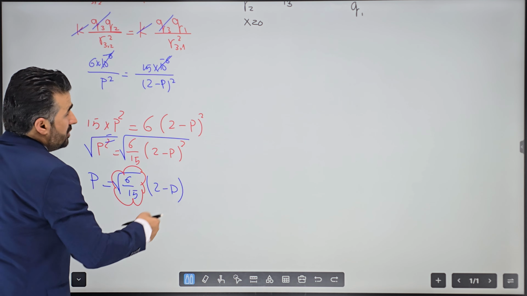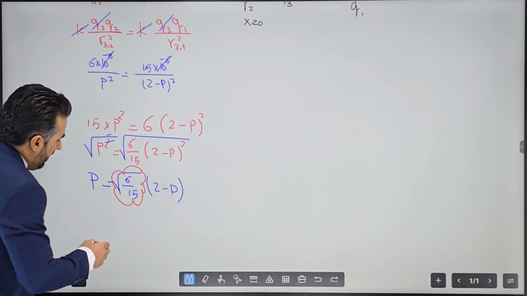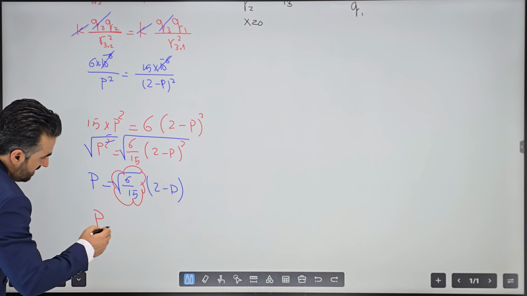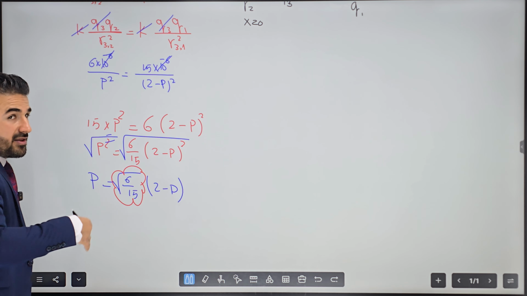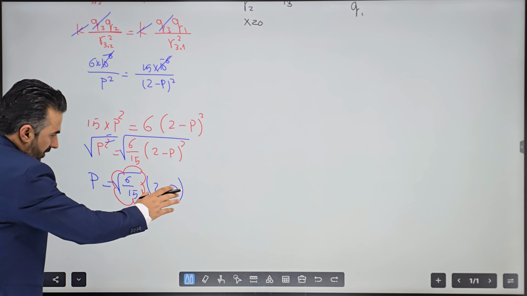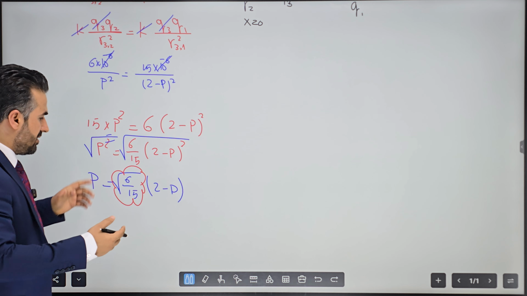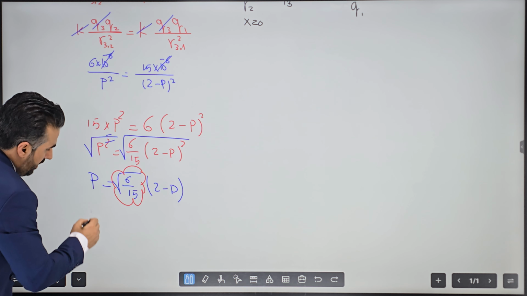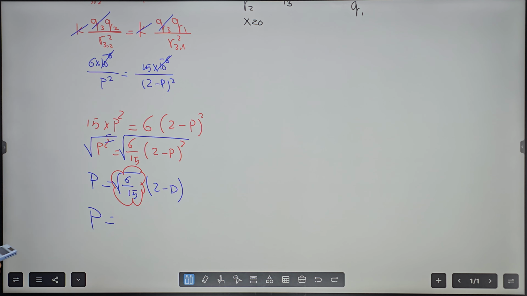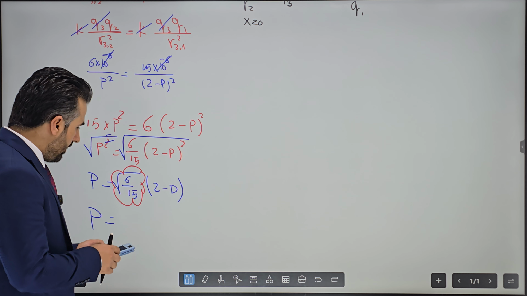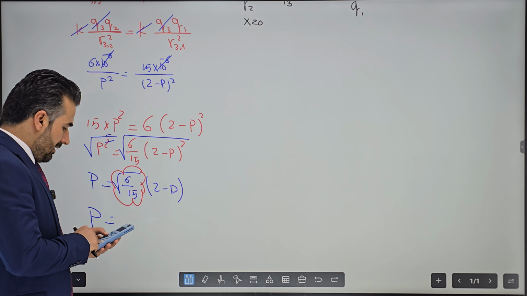Find this number, you can just multiply it into the bracket here. So one more time, the step is getting a bit longer, but it's nothing complicated. These are just math and not physics anymore. Only the first 2 steps are more physics, the rest are just simple math. So now let's get a calculator and see what this number is equal to. Okay, so we have the radical of 6 over 15.